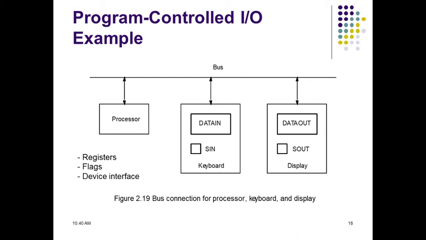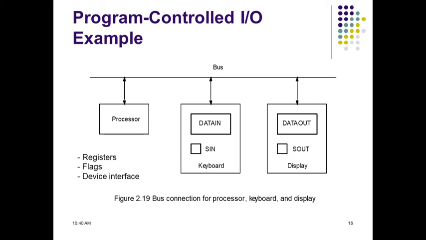The buffer registers data in and data out, and the status flags S in and S out, are part of circuitry commonly known as the device interface. So data in, data out, S out are all part of a circuit, and that is known as a device interface.